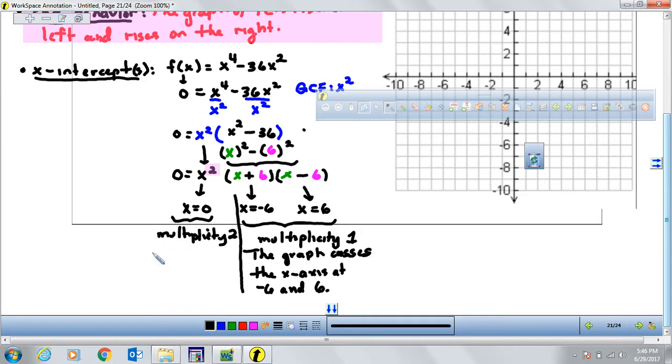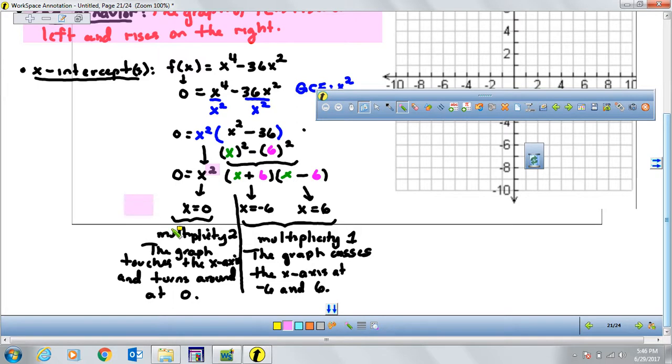And when you have an even multiplicity, we can say that the graph touches the x-axis and turns around at 0. And this is the information we need to provide about the x-intercepts.